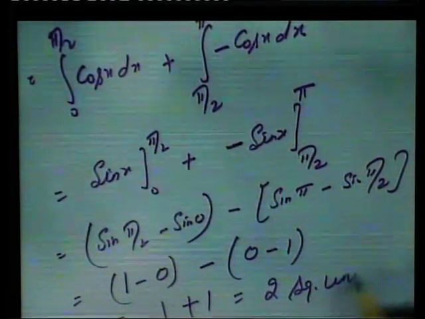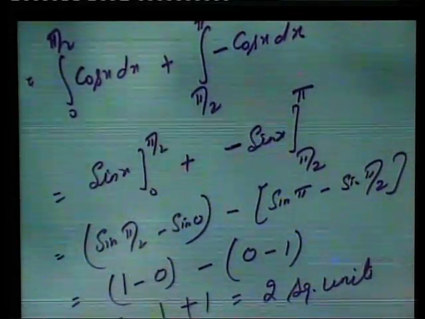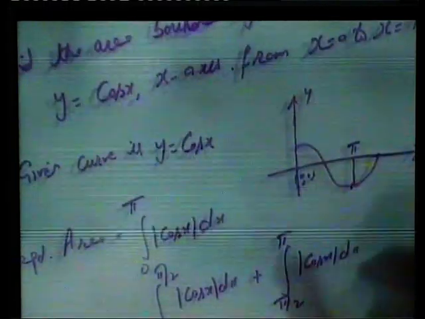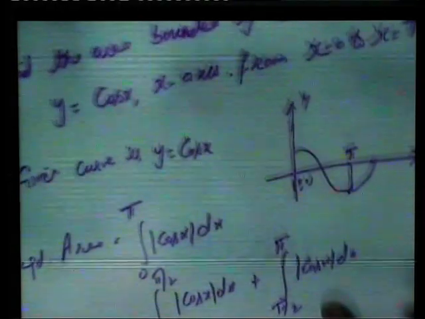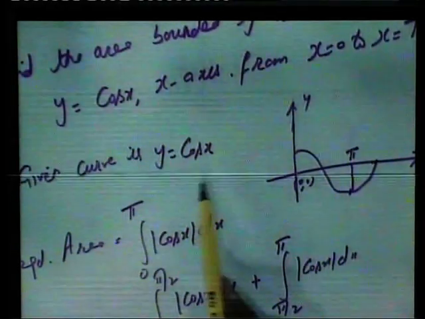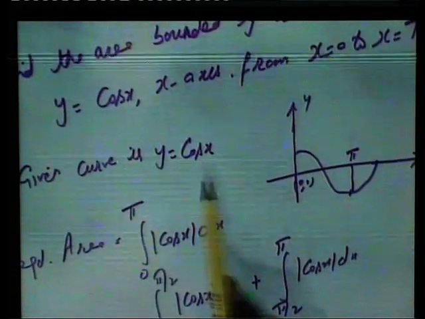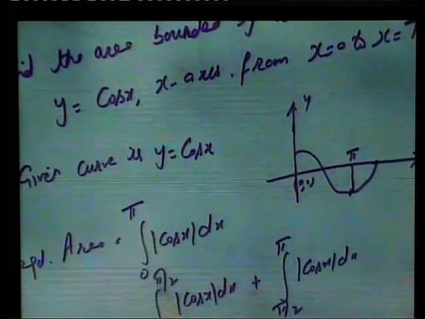To area kiske equal aa gaya, 2 square units. Question kya tha, y is equal to cos x, x axis from x is equal to 0 to x is equal to pi, we have to find the area. Curve is y is equal to cos x, limits are from 0 to pi, 0 to pi means first and second quadrant.